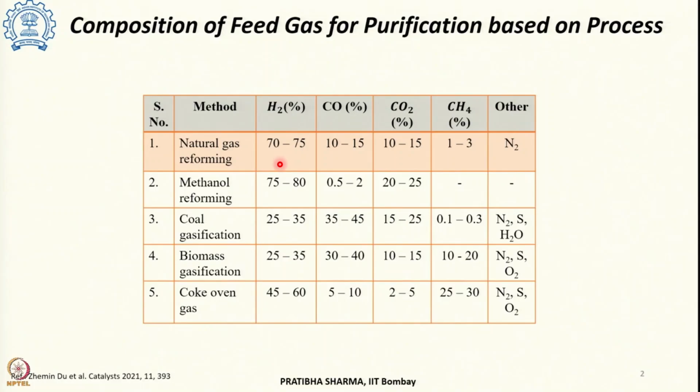Then the methanol reforming process: though it has a very high percentage of hydrogen recovery, it is still not used for mass production of hydrogen. Next is the coal gasification process at 25 to 35 percent, the biomass gasification process, and coke oven gas.